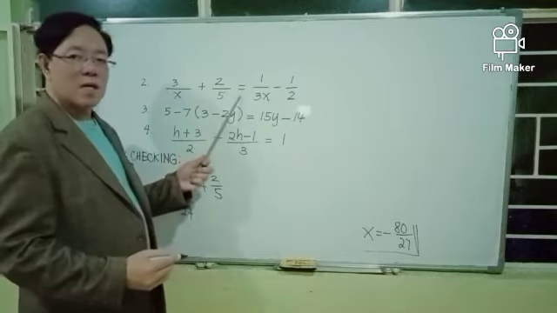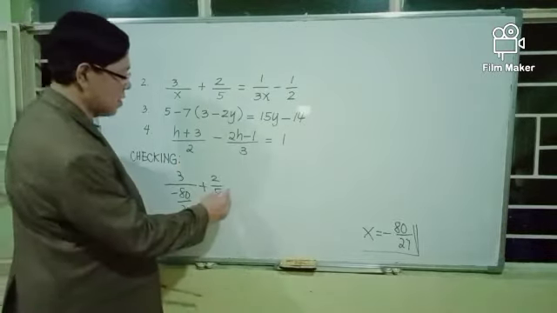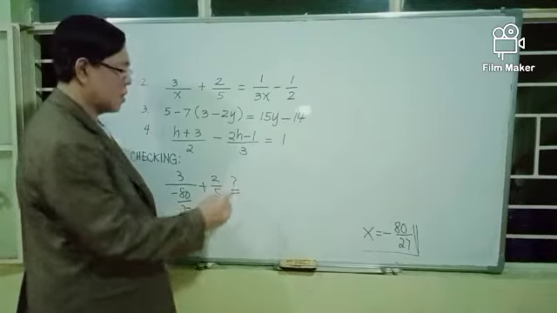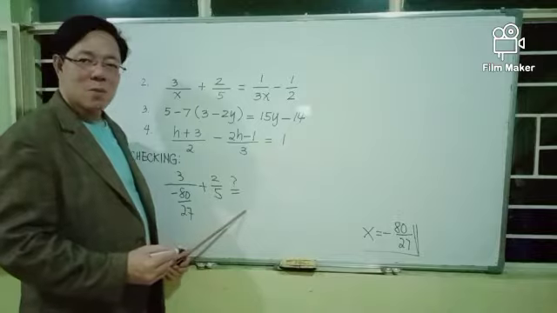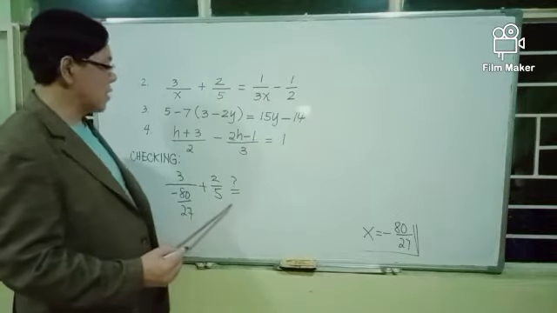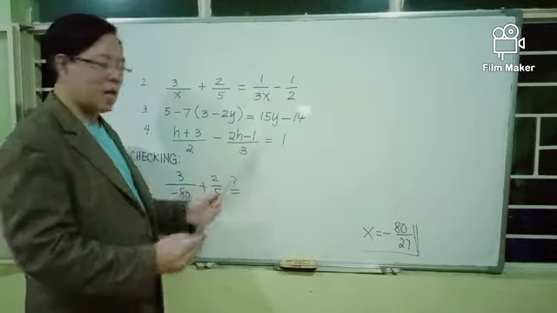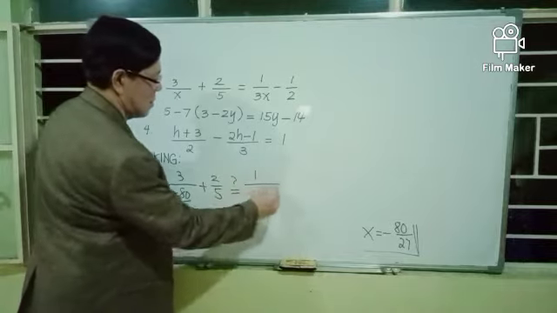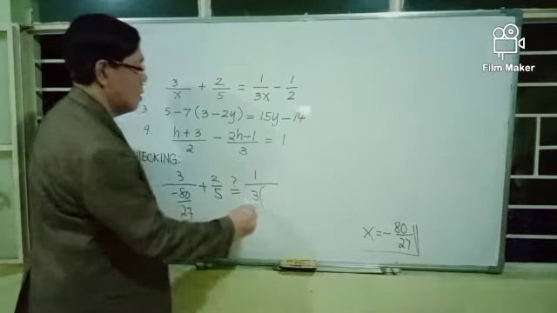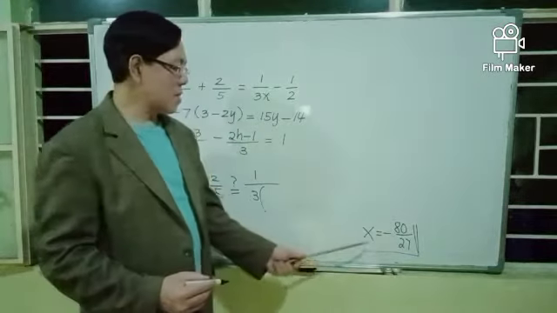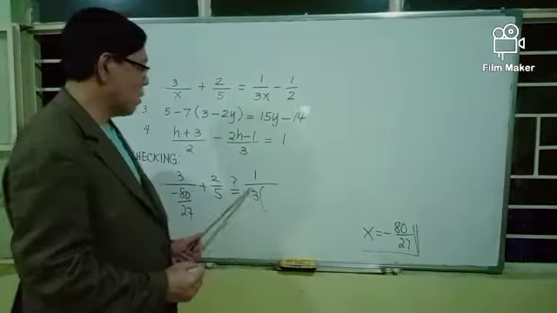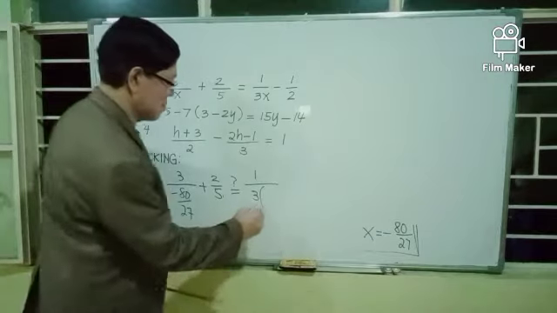We want to check if this sum is equal to, so initially we write a question mark above the equal sign because we are still checking if this sum will be equal to 1 over 3x, but x equals negative 80 over 27. Since this is negative, we write that in parentheses.